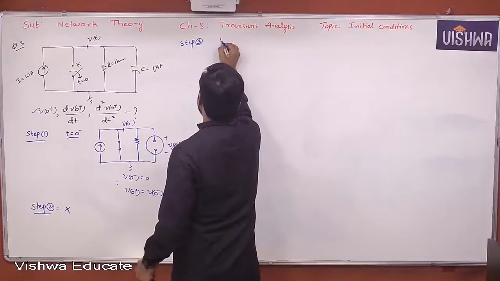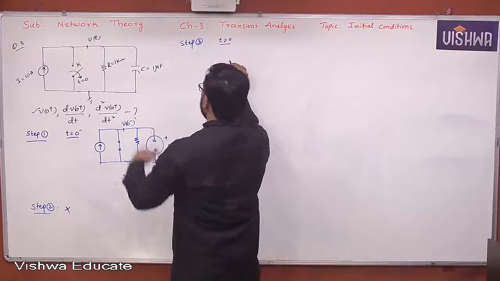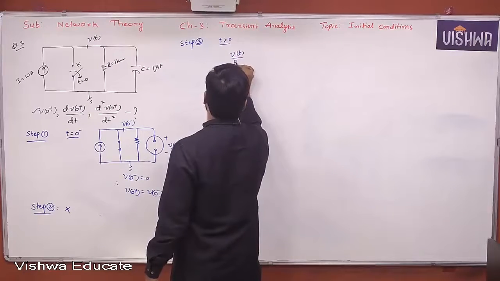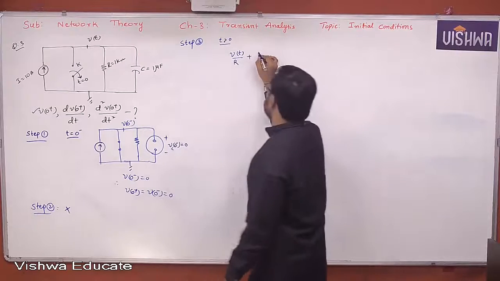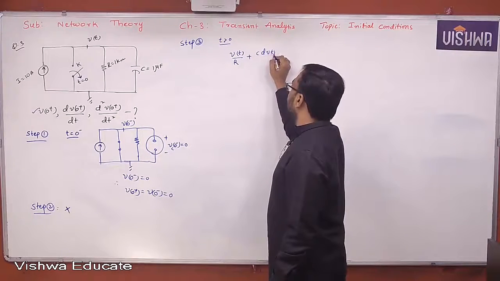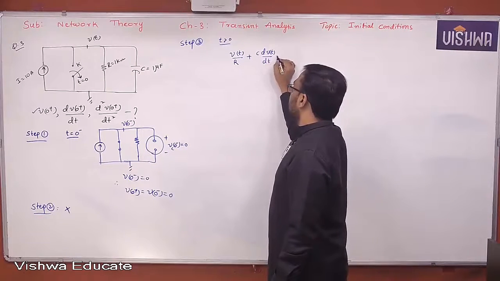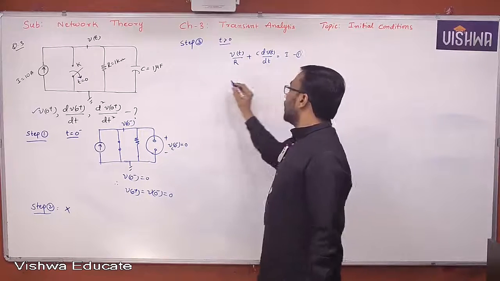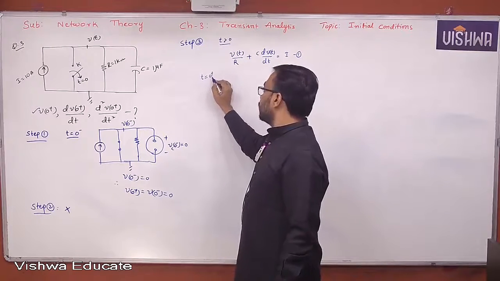Then for t greater than 0, I get V of t by R plus C dV of t by dt is equal to I. Yes or no? Okay, equation 1. Let us apply t equal to 0 plus conditions.